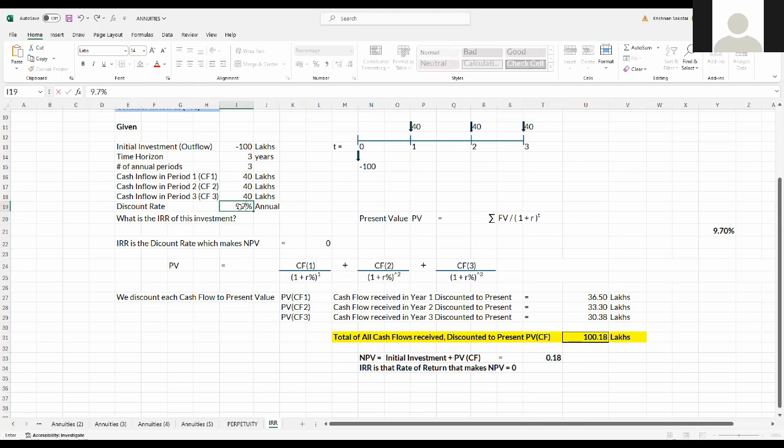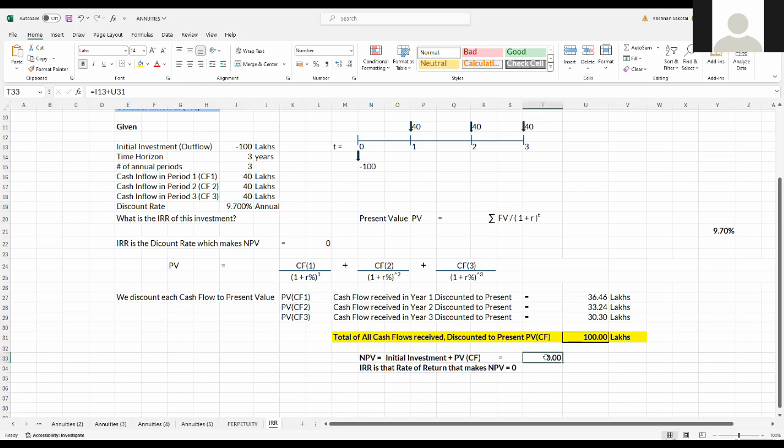If we put 9.7, then our NPV becomes zero. So that means our IRR is equal to 9.7%, an annual number. We have considered various discount rates, and here we have ensured that the NPV is close to zero.